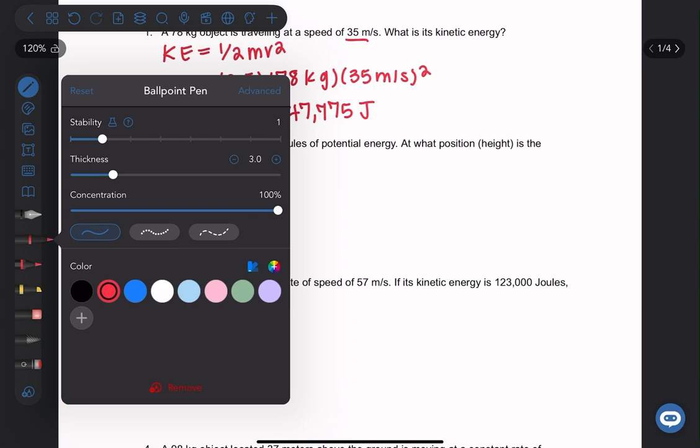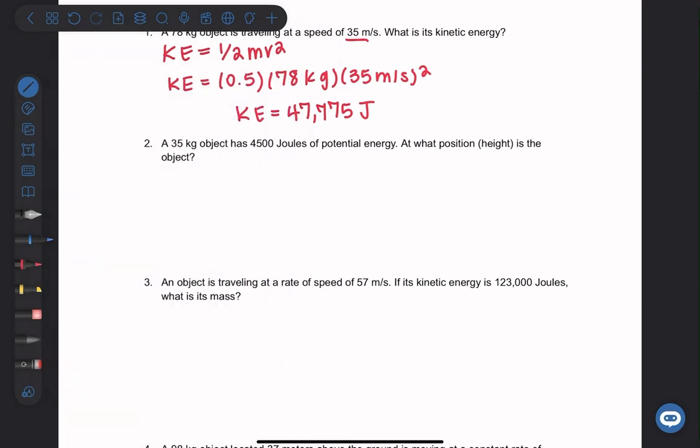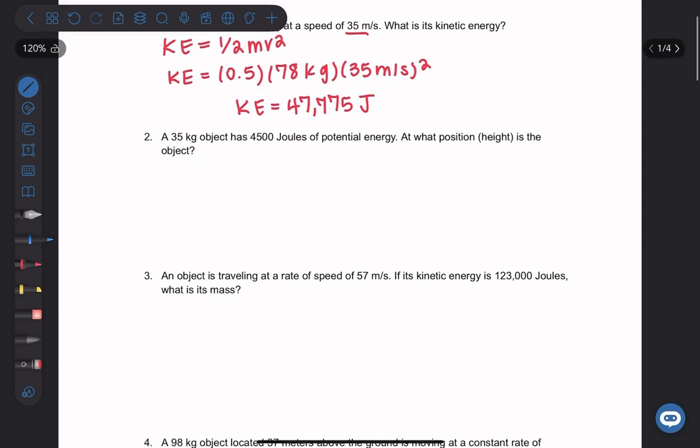Let's do a different color. Next one, a 35 kilogram object has 4,500 joules of potential energy. At what position is the object? Okay, so it gives you potential energy, so you want to use that equation. PE equals mgh.